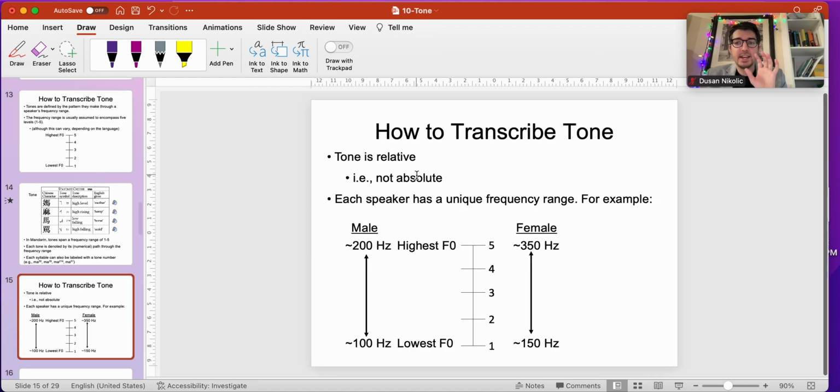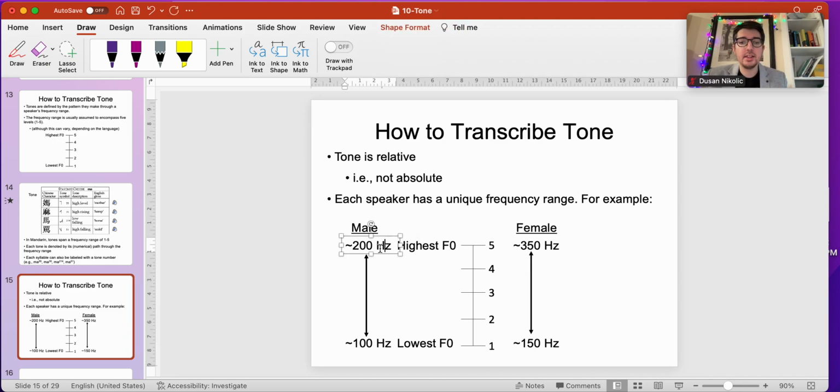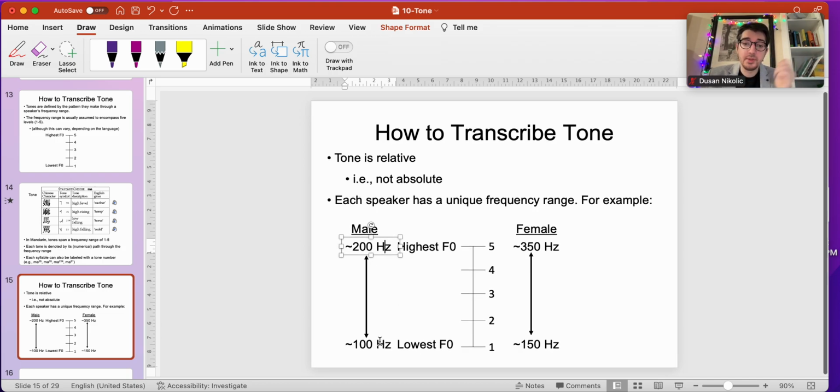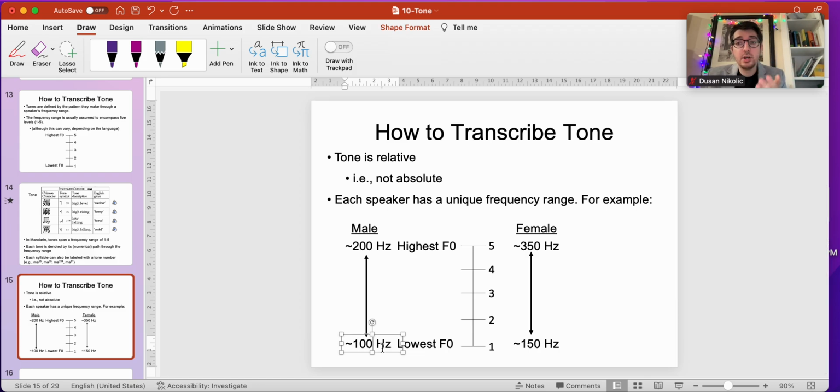But I will repeat again, and I know I have repeated this many times, but tone is relative, not absolute. Each speaker has a unique frequency range. For example, male is around 70 hertz, the lowest frequency, probably even lower for myself, definitely 70, 85 maybe.